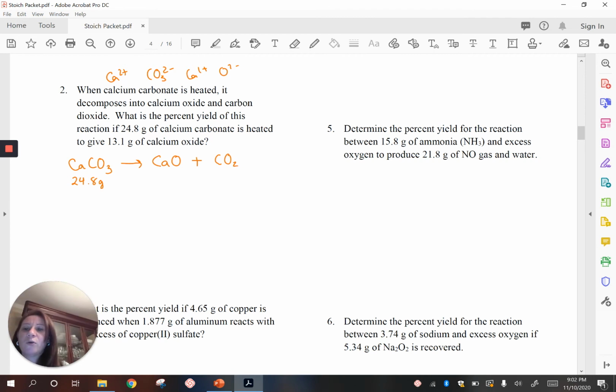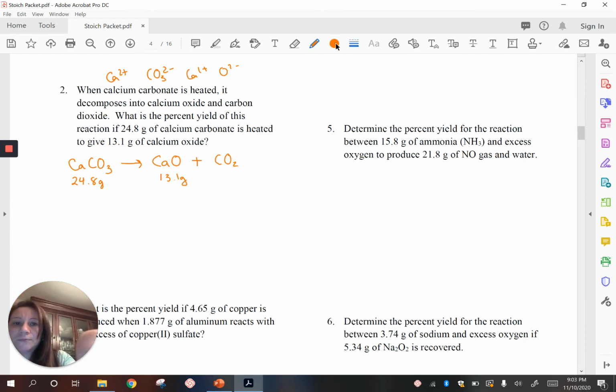And I have 13.1 grams of calcium oxide. And I'm asked for percent yield. What is percent yield? So let's write down what percent yield is first.